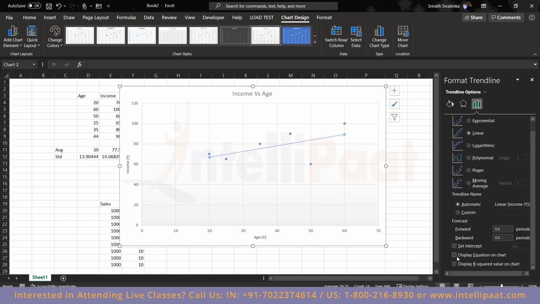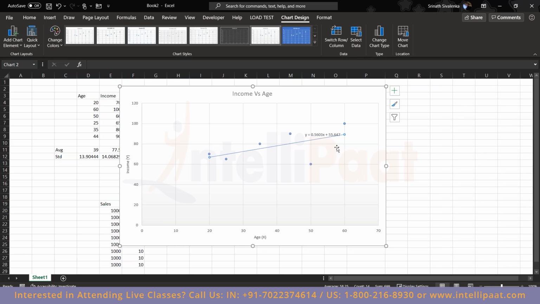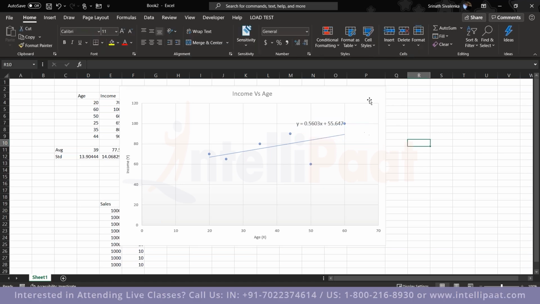if you see here, display equation on the chart, and that's my equation. That's it. That's a linear regression that we've just performed. So that's your linear regression equation as of now.